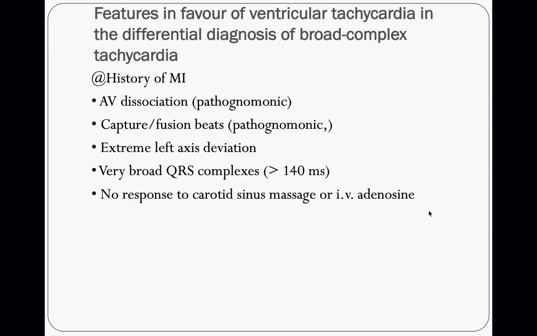So, what are the features in favor of ventricular tachycardia in the differential diagnosis of broad complex tachycardia? يعني شنو الأشياء اللي تفرق لك أنه هذا المريض عنده VT ومو عنده SVT with bundle branch block or SVT with WPW؟ أولا إذا عنده history of MI هذا يمشي ويا VT. ثانيا إذا عنده AV dissociation يعني أكو difference بين ال A wave وبين ال QRS complex، هذا باثوجنومونيك أنه المريض عنده VT. يعني إذا مو كل QRS complex مسبوق بأي ويف. ثالثا إذا عنده capture fusion beat هم كذلك هذا معناها المريض عنده VT.